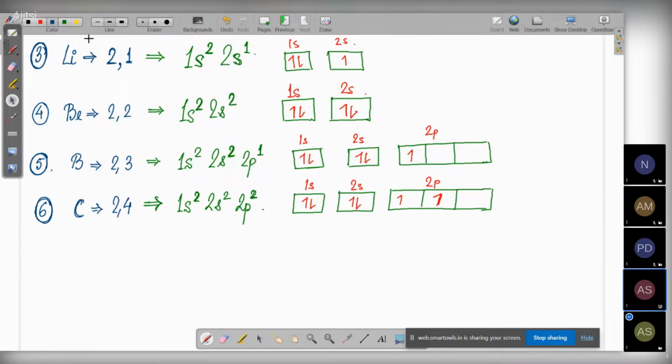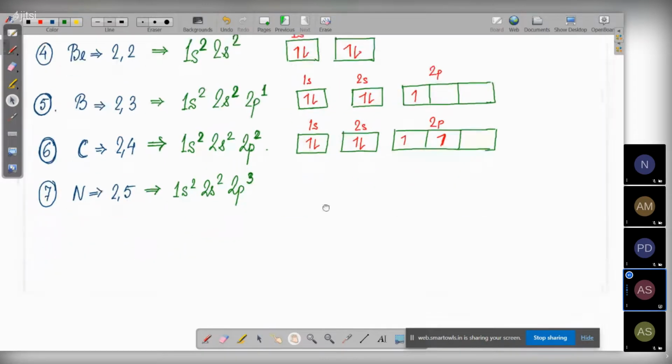Then let's take atomic number 7, which is nitrogen. Previously you wrote it as 2,5, but now you will write it as 1s2, 2s2, 2p3. Now if we draw the box diagram, how is it going to look?